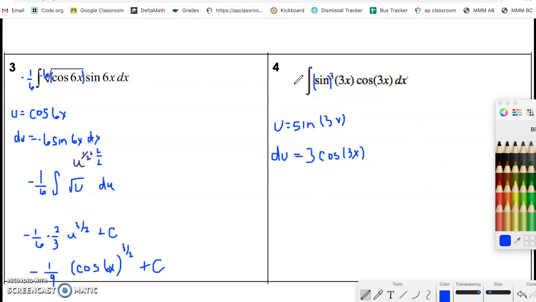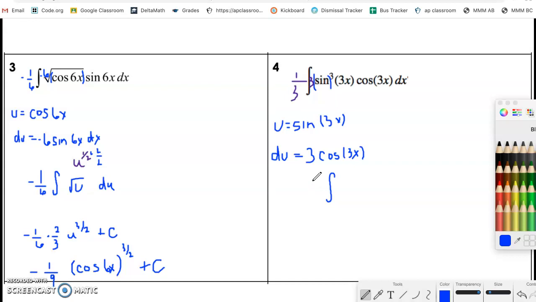So when I take the antiderivative, sorry, before I do that, I don't have a 3 on the outside here, putting a 3 there, 1/3 there.